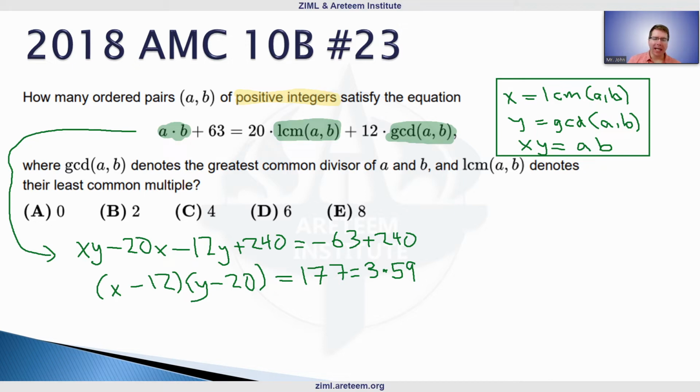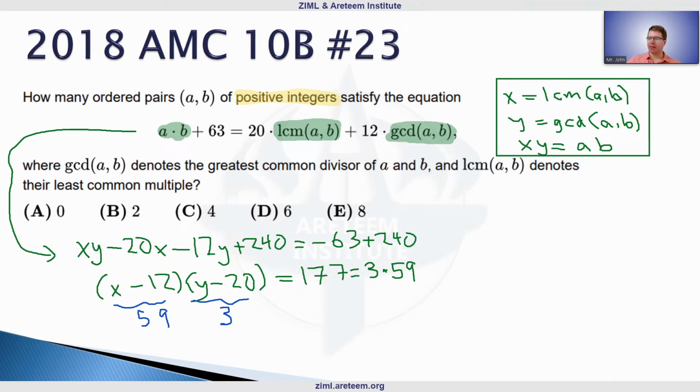Now, why is this going to be helpful? Well, we know a couple of things. So we know that the LCM is bigger than the GCD. So right off the bat, we actually know that x is bigger than y. So if we think about this as two products, x is bigger than y, and their product needs to be 177, which is 3 times 59. Well, one way to do this is we could have 59 times 3, of course.